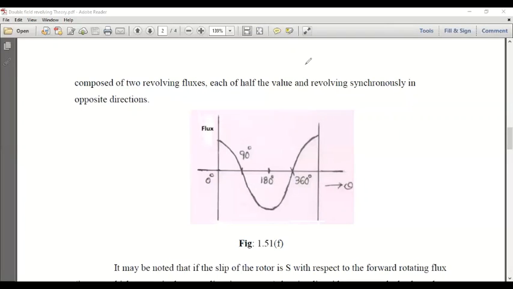For 90 degrees, the resultant flux is 0. Similarly, for 90 to 180 degrees, the resultant flux at 180 degrees is maximum negative. Similarly, for 180 to 360 degrees. So the flux at this instant is maximum and reverse, negative phi m, which is like a cos waveform.